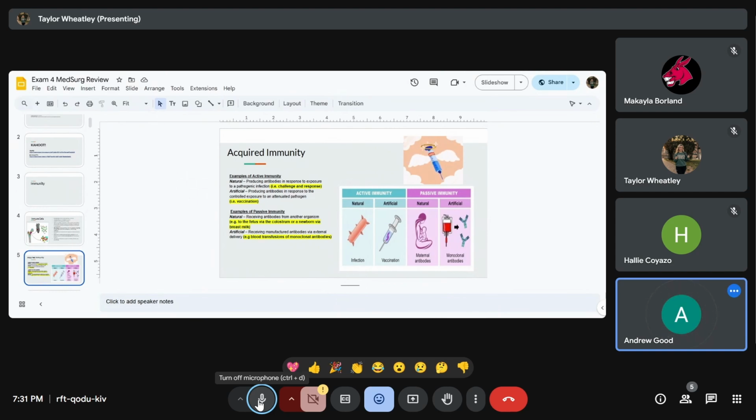Passive natural is from the mother, and artificial passive is blood transfusions or monoclonal antibodies. You will have to know these for your exam. 1000%. If I could guarantee anything, it would be this. Know the examples, know what they are, definitely on the exam.